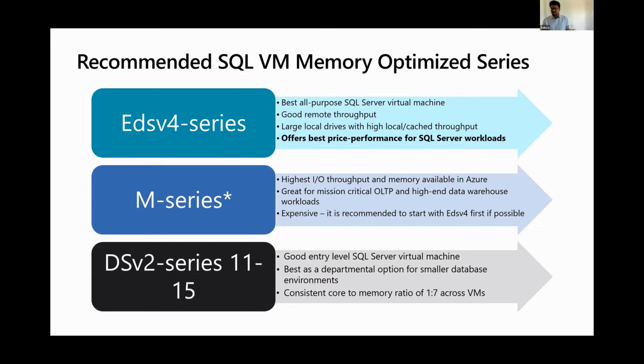But in general, if someone wants to run a workload which is around 16 to 64 core or 16 to 96 core, we do recommend going for EDS v4 series. EDS v4 series is our favorite series, as we said.